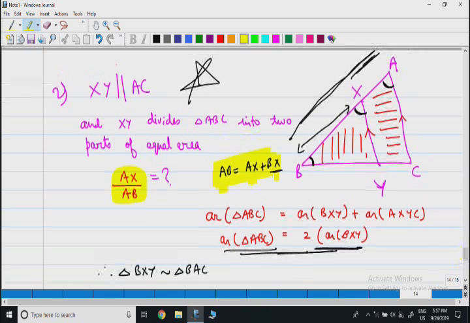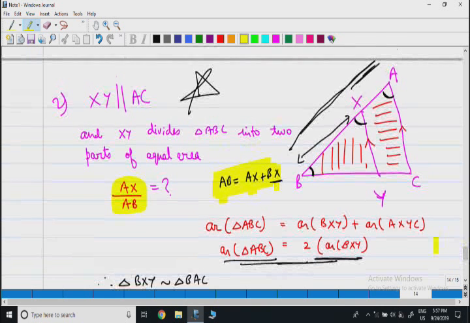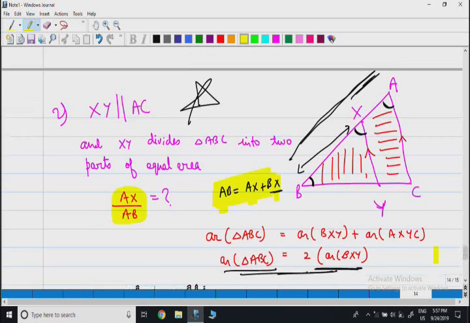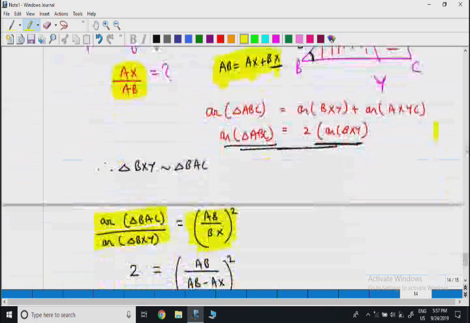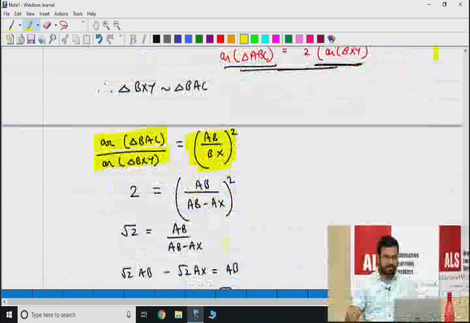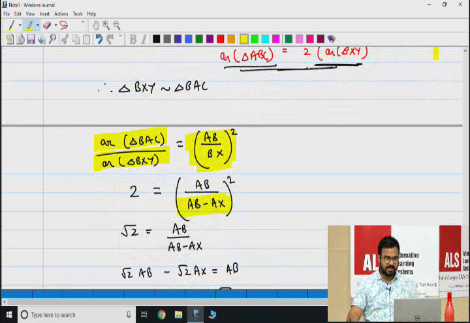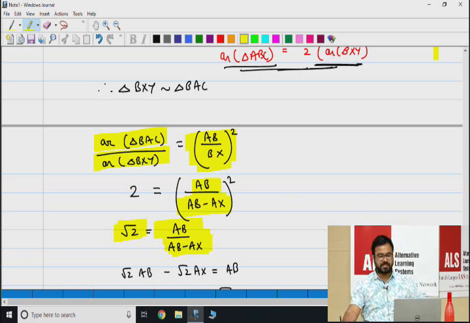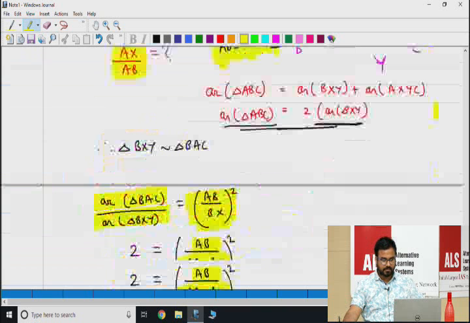So you can see, BX I have written as AB minus AX, and this AB as it is. After this, I have taken the square root on both sides, so this will become root 2, and this will become AB over AB minus AX. Now just do the cross multiplication.